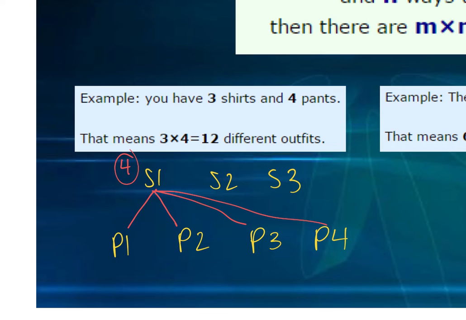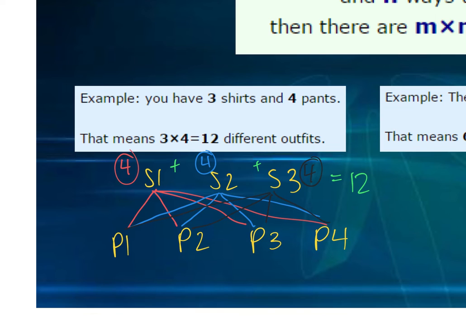Shirt number 2 can go with pant 1, pant 2, pant 3, and pant 4, right? That's a whole new 4 different possibilities. Do you guys agree? And then shirt 3 has how many possibilities? 4. It can go to pant 1, pant 2, pant 3, or pant 4. So altogether, how many possibilities were there? 4 plus 4 plus 4 gives me 12.